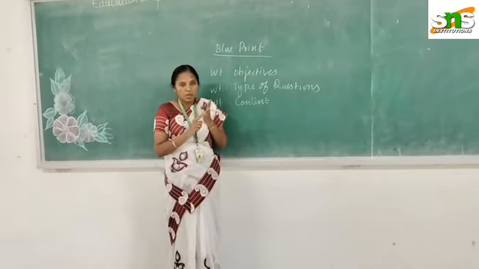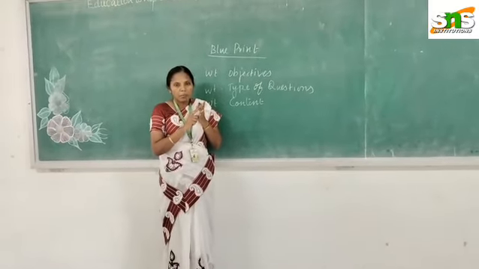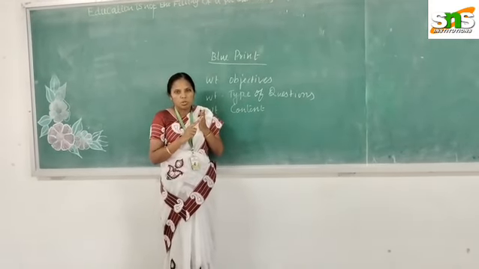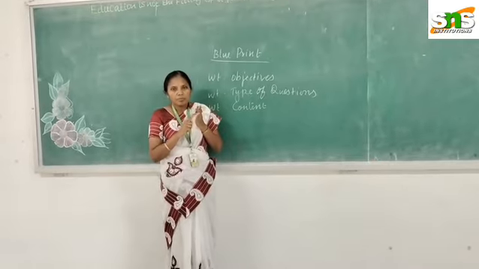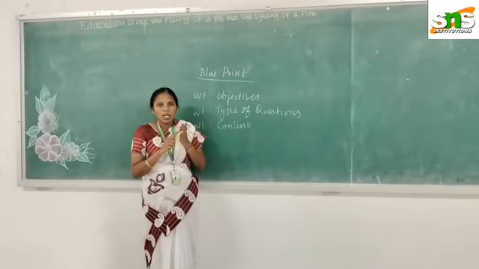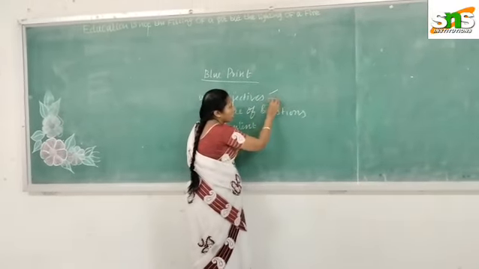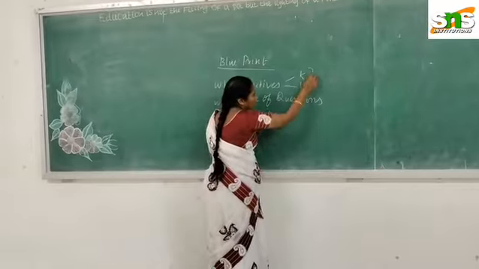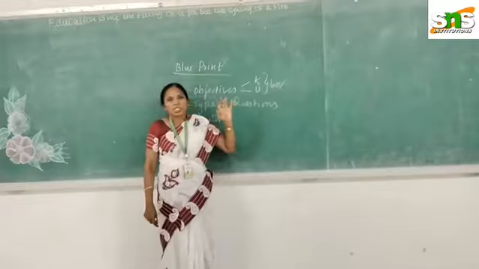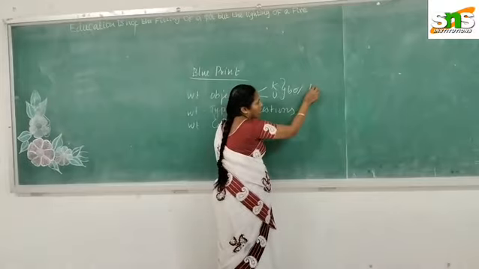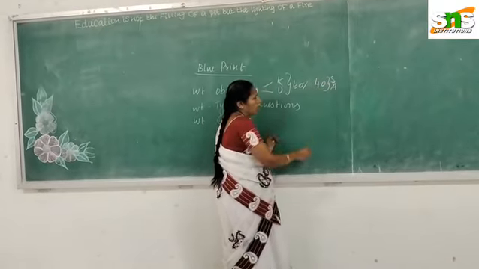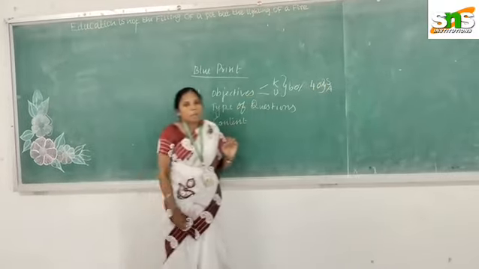When you prepare the question paper, you have to take 60% of the questions from knowledge and understanding. Knowledge and understanding consist of 60% of the questions, and the remaining 40% is skill and application.